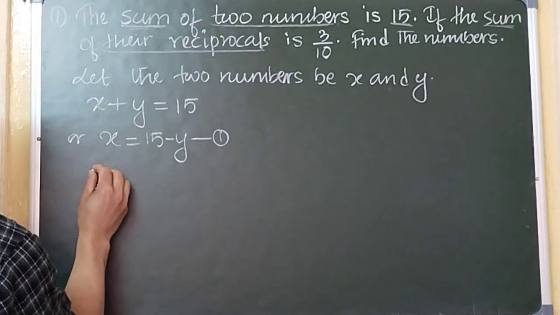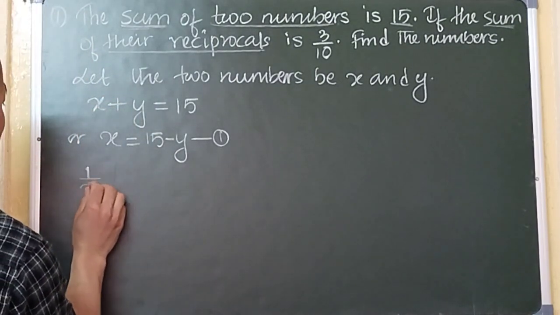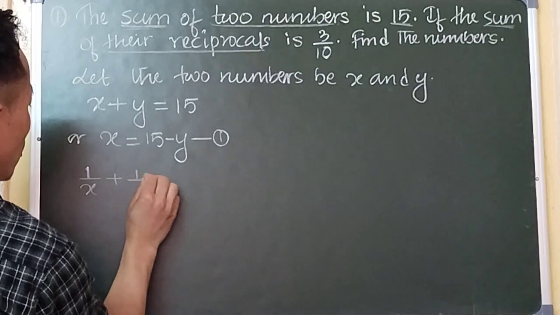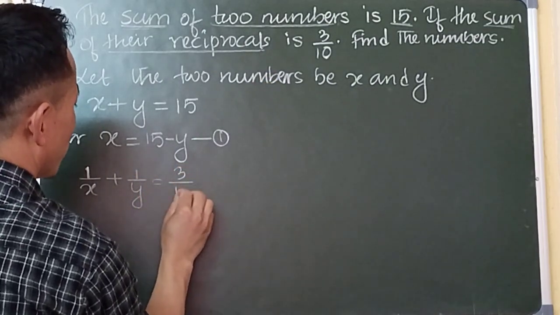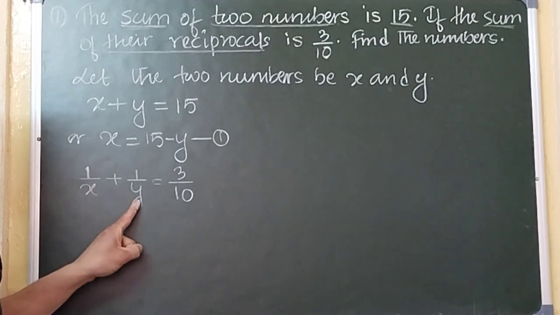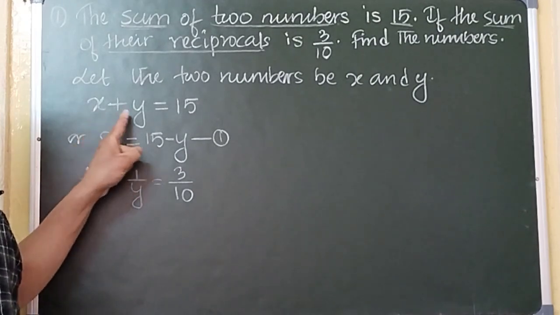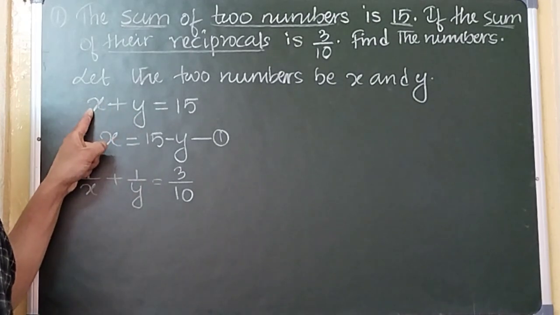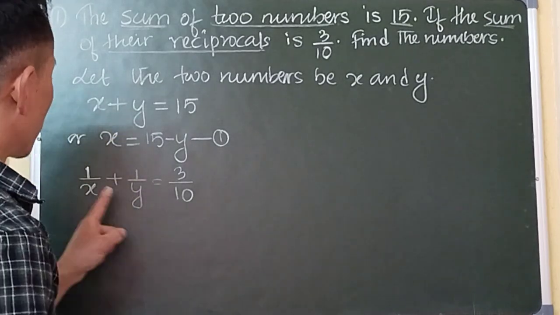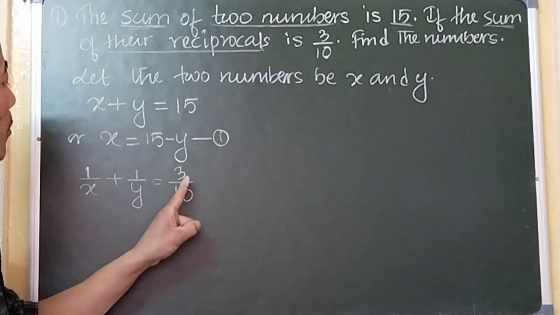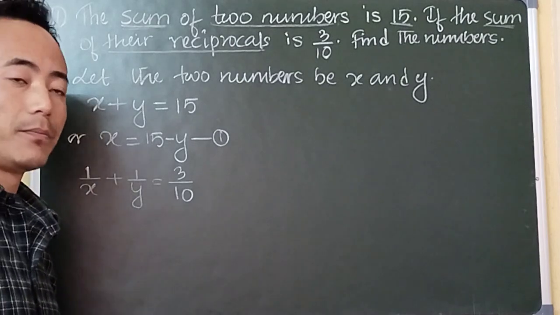So from the second condition, we have 1 divided by x plus 1 divided by y equal to 3 divided by 10. Reciprocal of x is 1 by x, reciprocal of y is 1 by y, and their sum is 3 divided by 10.